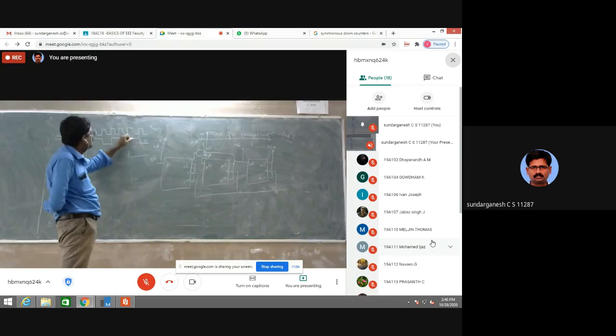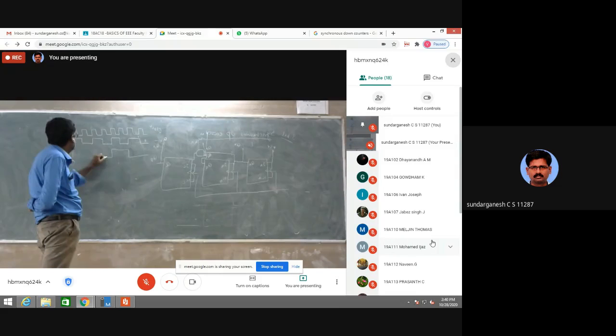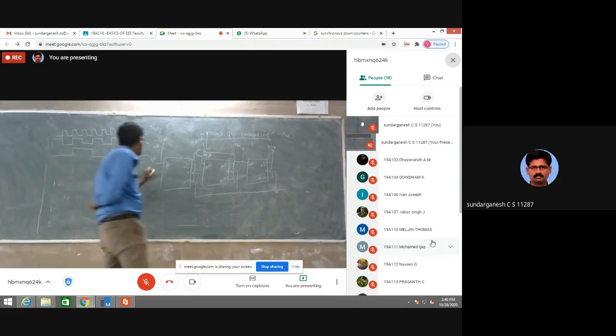So here JB and KB are 1. Now there is a negative edge, so QB will change. Then it will go like this. Once again here it is 1, and here it is a negative edge, so it will change. Once again there is a negative edge here, so here and here it will go. So I have done QB. Now QC.